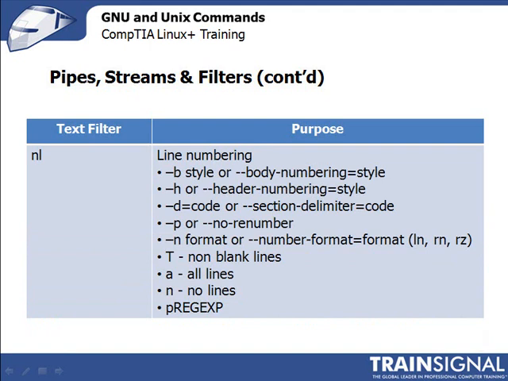The nl filter is used for line numbering, and it has several options that let you tailor the output. The first is -b style or --body-numbering=style, -h or --header-numbering=style, -d=code or --section-delimiter=code, -p or --no-renumber, -n format or --number-format=format.